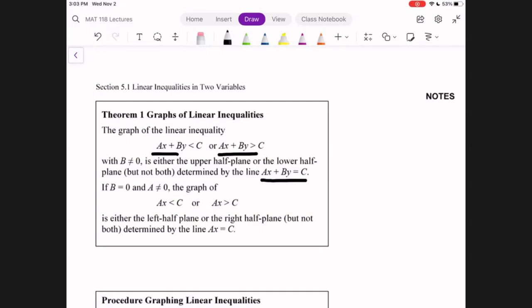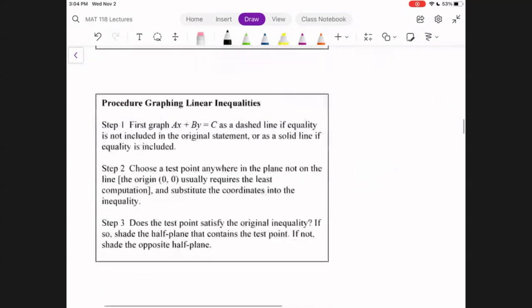Okay. And then if b is equal to 0, then you just have this, which would be what? A vertical line, okay? So then it's either, you could always have this as well. If a was 0 also, you might see some examples like that, okay?